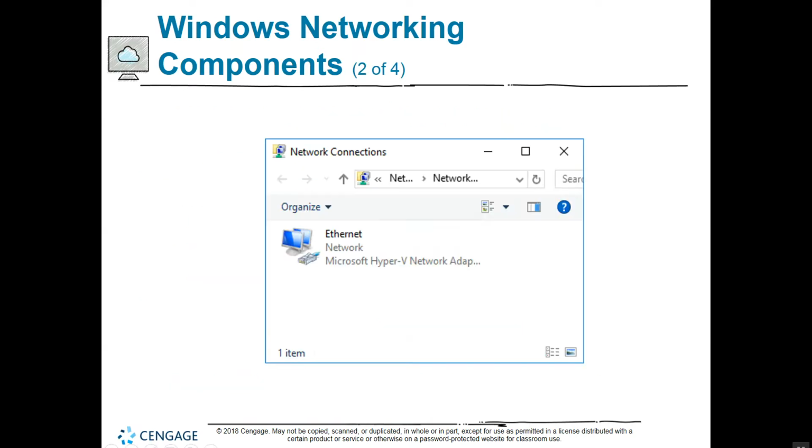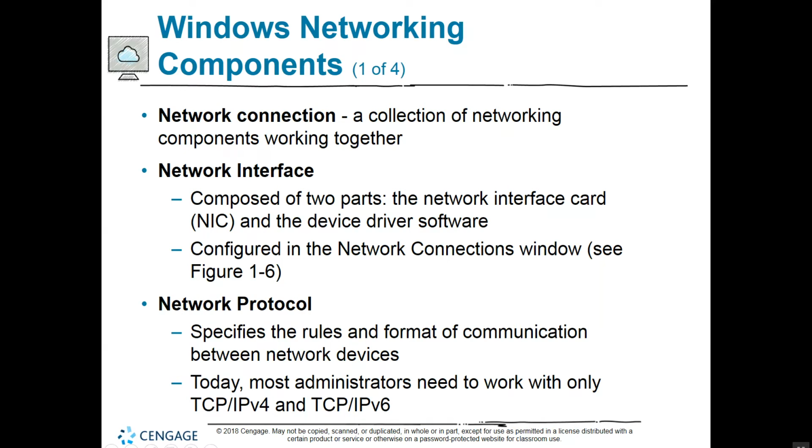So the network protocol, that's what specifies the rules for how we're going to format the communication between devices that are being networked together. Look at it like if we're going to have a conversation, we have some rules. One, the language we're going to speak. Two, don't talk too fast, don't talk too slow, don't talk too soft, don't talk too loud.